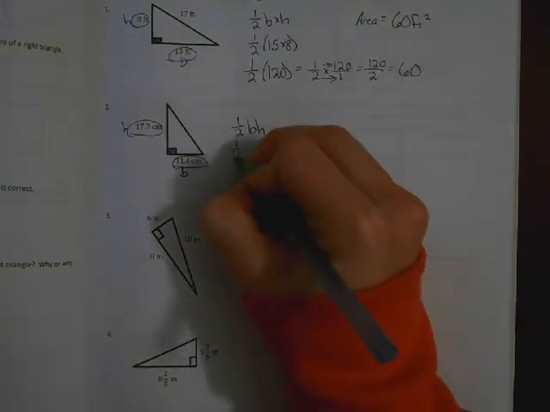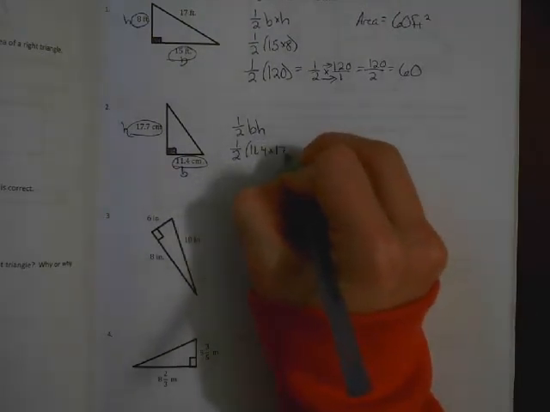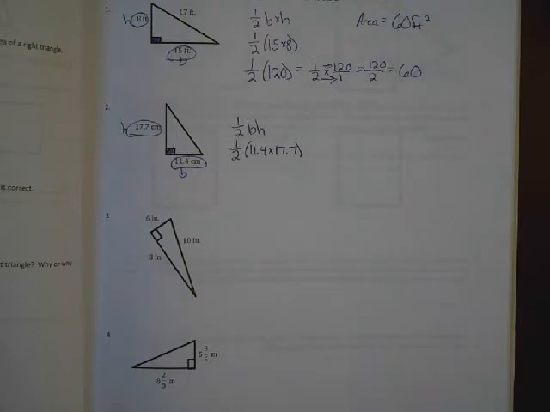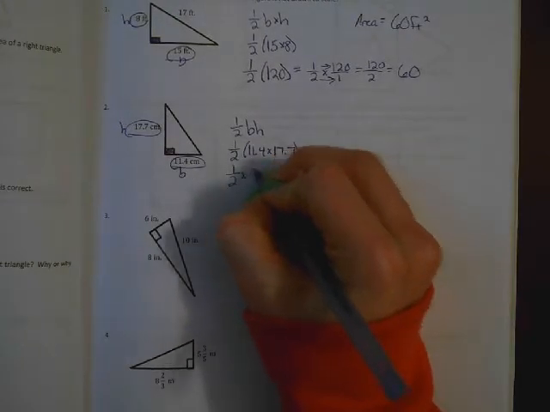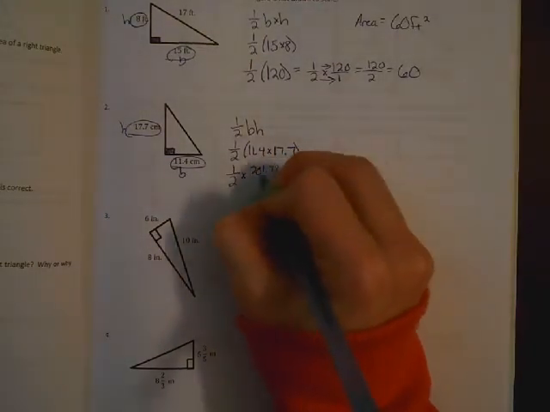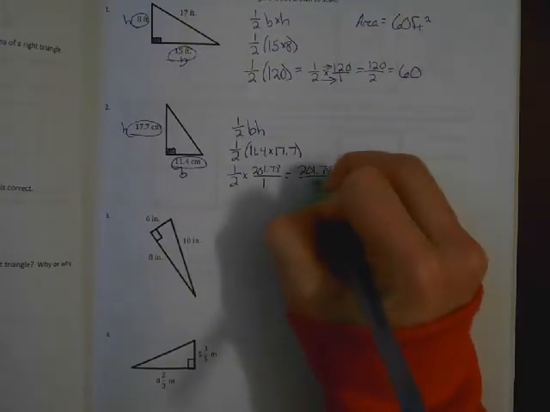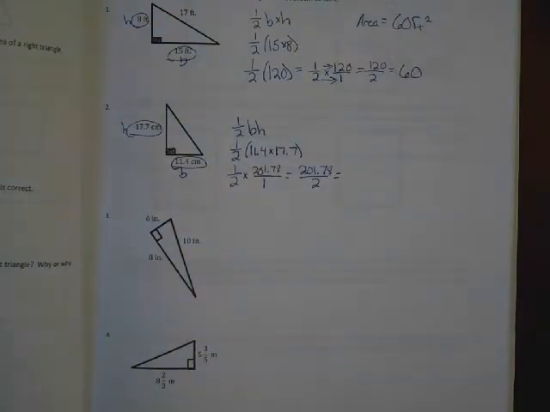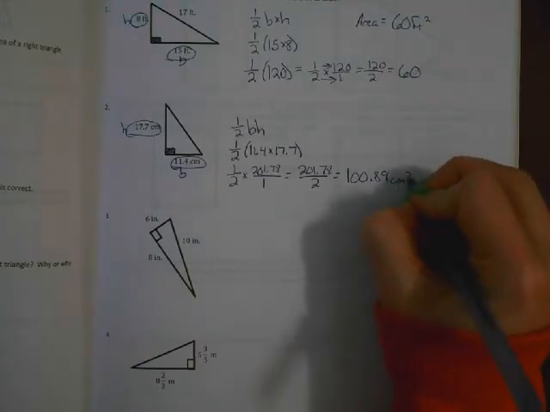That's 1/2 times my base times my height, so this is 1/2 times 201 and 78/100 over 1. 201 and 78/100 divided by 2 is 189/100 square centimeters.